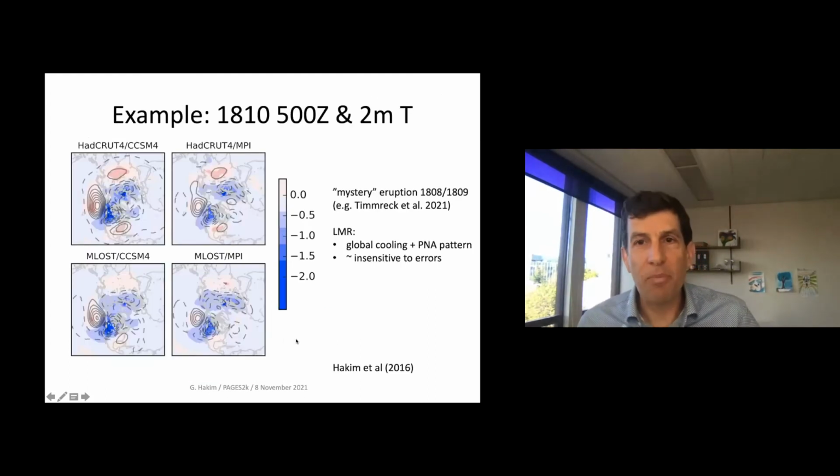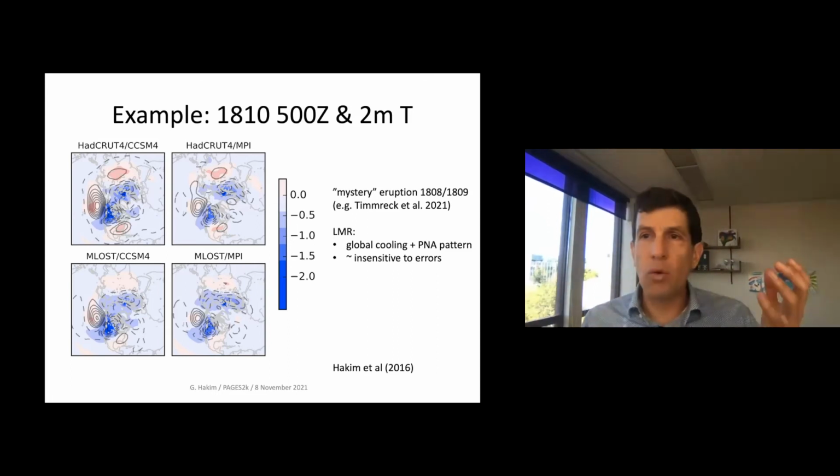Here's an example, one of my favorites from the 2016 paper that we wrote introducing the LMR. It shows the reaction of the climate in the year after the mysterious eruption of 1808, 1809. The main point here is that these four panels characterize some of the uncertainty that comes with the data assimilation framework.